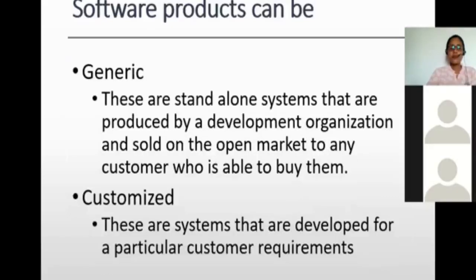Now, when we take software, there are two types of software that we have, right? The generic software and the customized software. So there are two types of software. Generic software. So what do we mean by generic software?